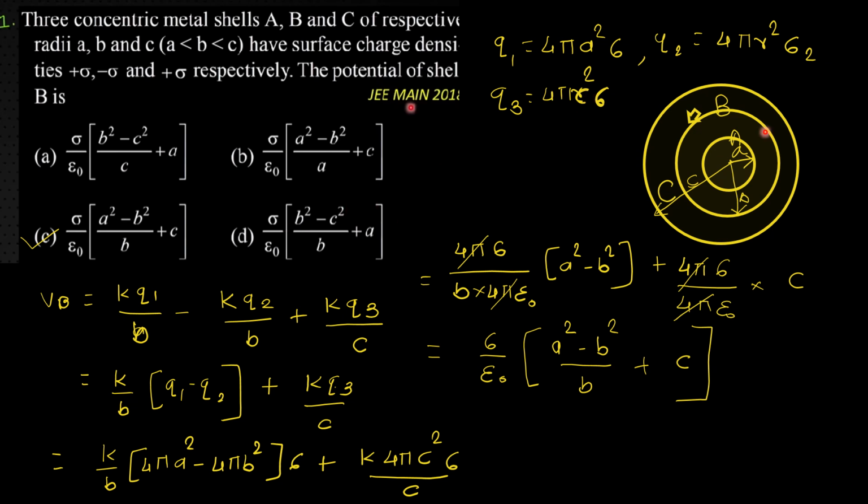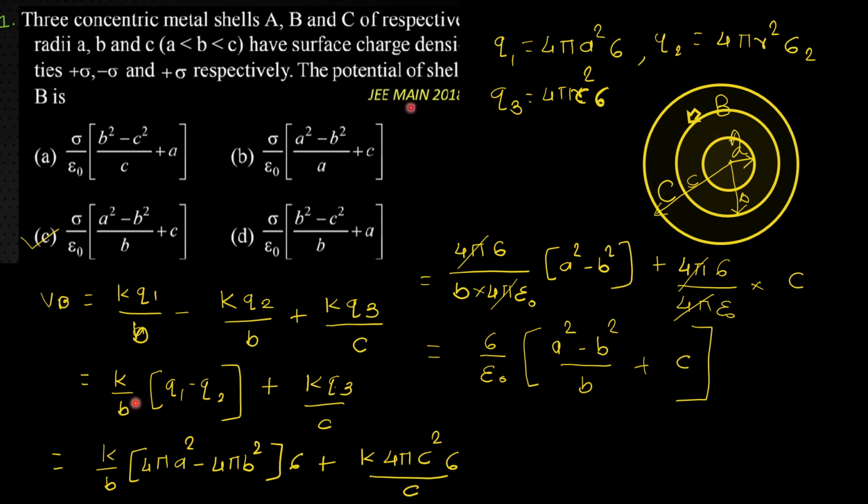So now at the point B, the equation of potential is kq1 upon b minus kq2 upon b plus kq3 upon c.